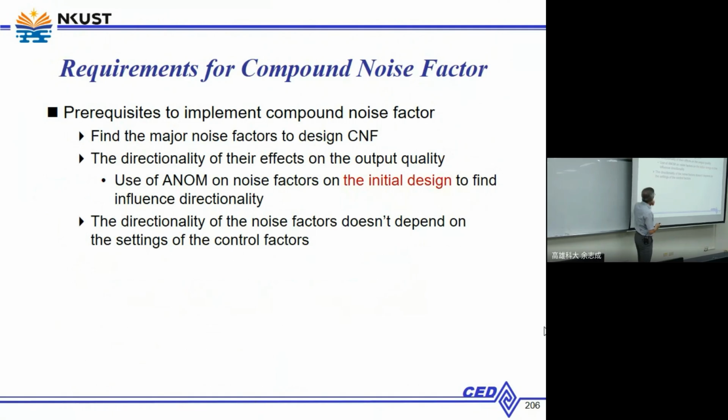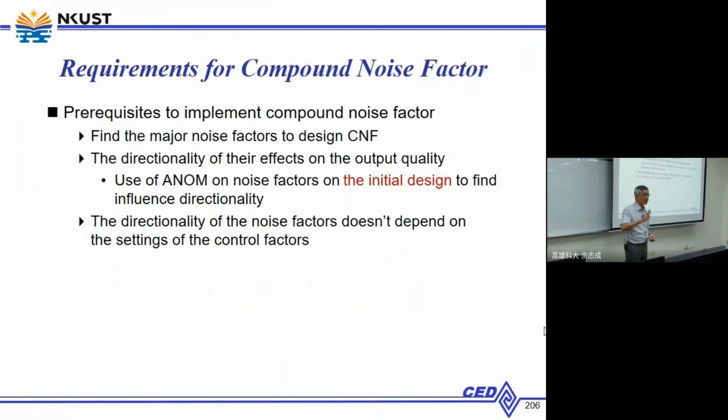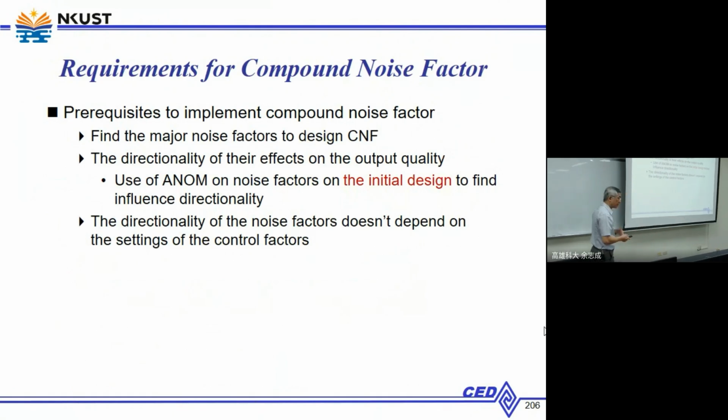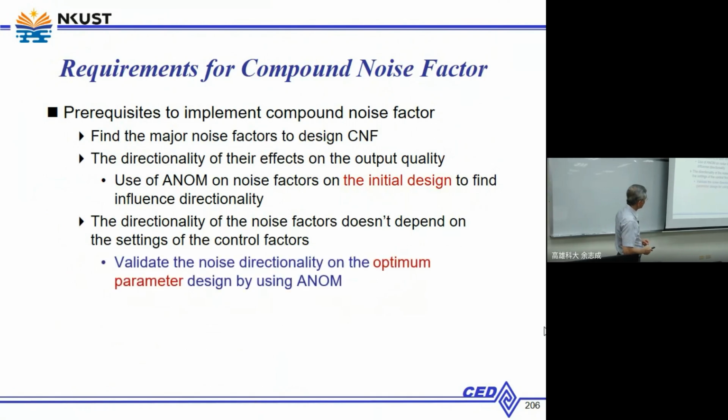Because of the third requirement: the direction of the noise factors cannot depend on the setting of the control factors, which means that no matter which design you choose to analyze with the outer array, the direction in the effect plot of the noise factor should remain the same. Otherwise, your assumption of the compound noise, one lowest and one largest, will fail when you apply it to different designs in the inner array. Okay, at last, you need to verify your result.